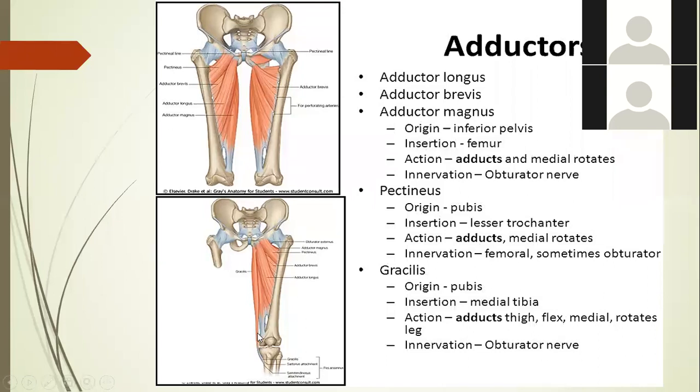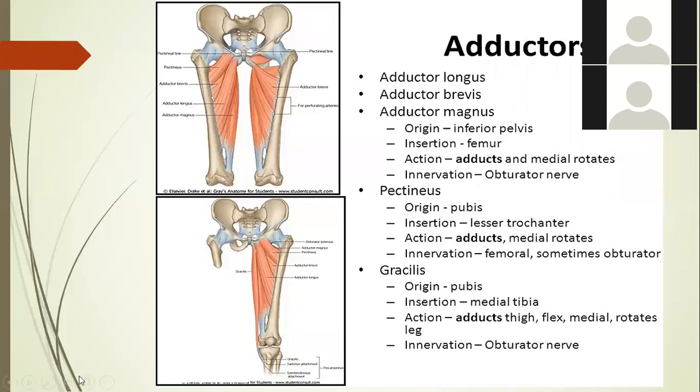The fleshy fibers cross the distal end of the femur, then convert into the tendon, crossing the knee joint, and finally they are inserted on the upper part of the medial surface of the shaft of the tibia.